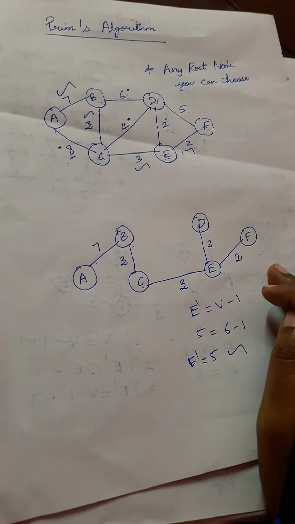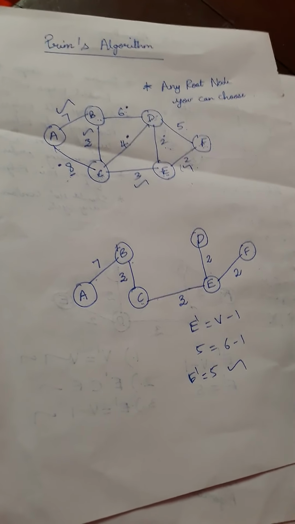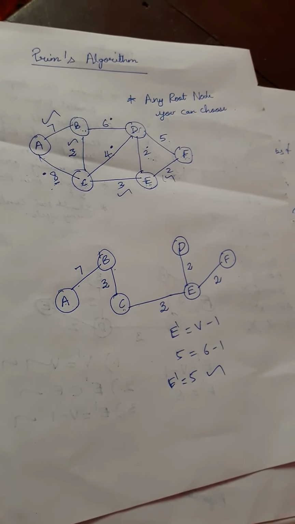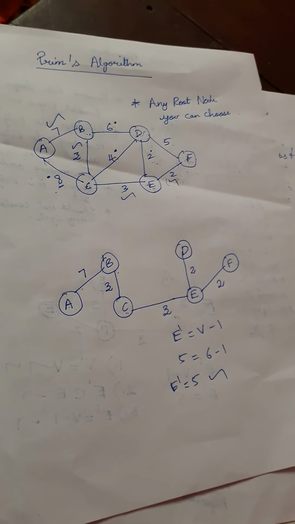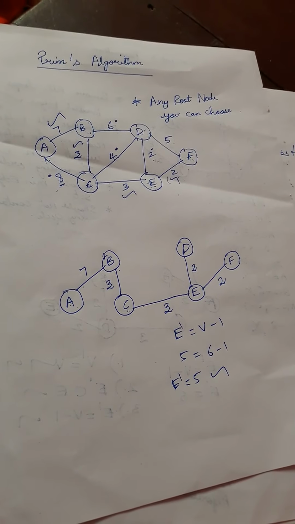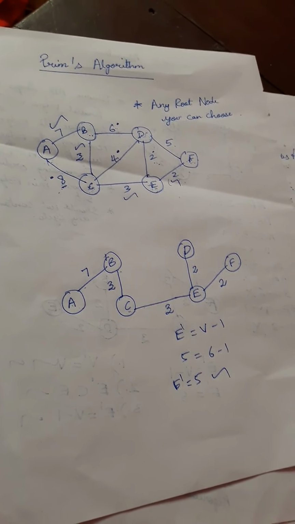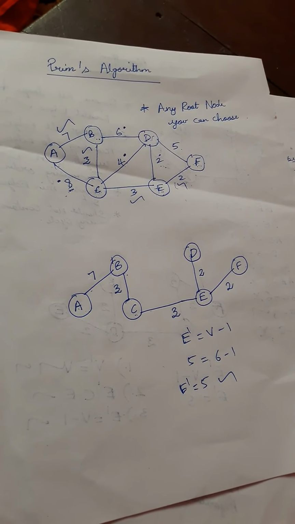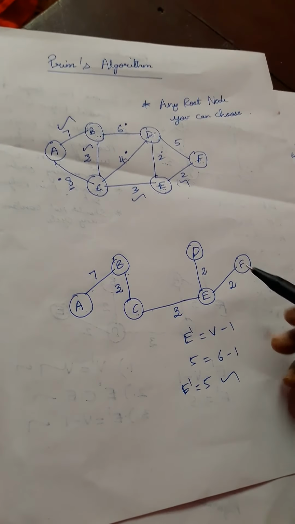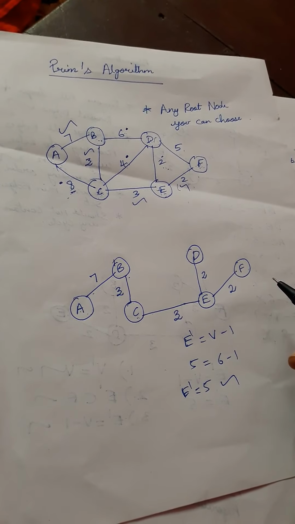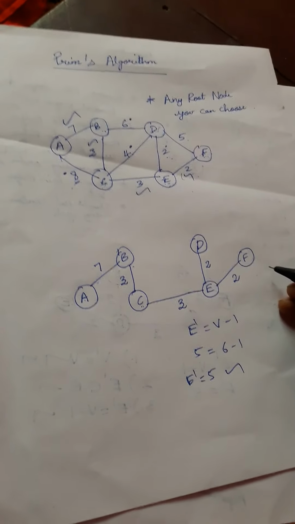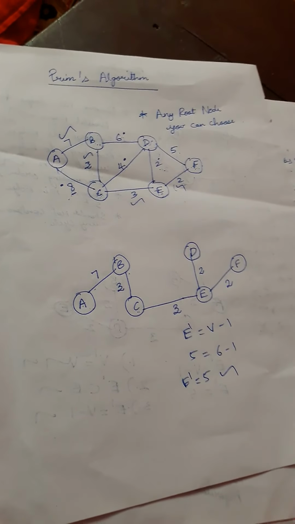Always consider the root according to the question. As before, it should not be a disconnected graph, and it should not form a cycle. That condition applies here too, so don't forget: no loop should form, and it should not be disconnected. This is an example for Prim's algorithm. Okay, thank you.